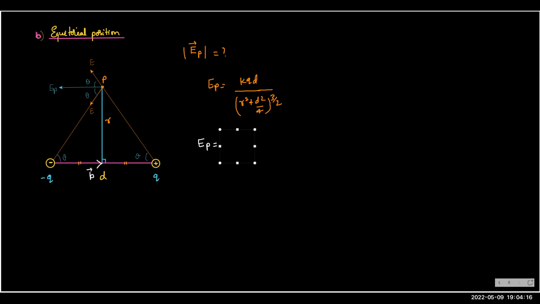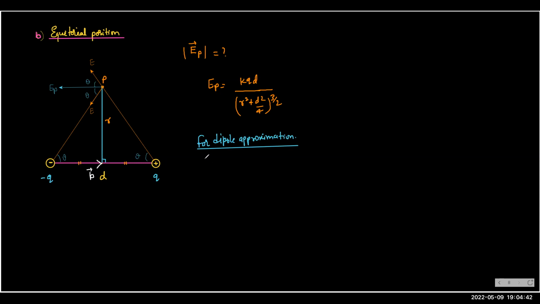For dipole approximation, we can do the same method. D square by 4 we can cancel.